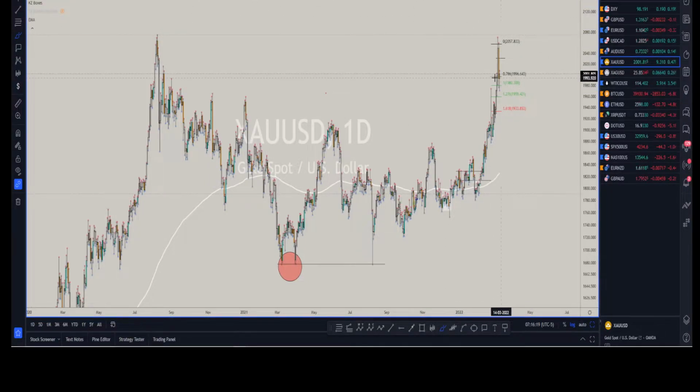So still looks, now if we dump from here and break this, then you start having better clarity, right? Start planning your trades. Okay, it invalidated, so this is less likely to happen.